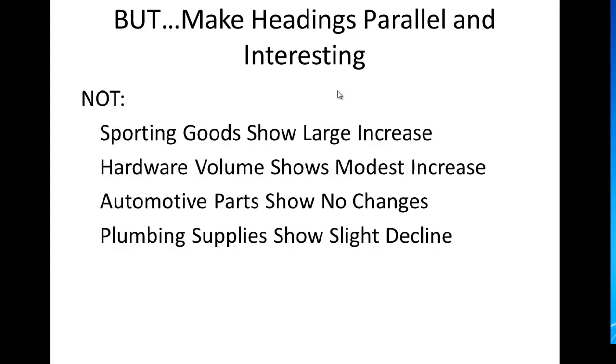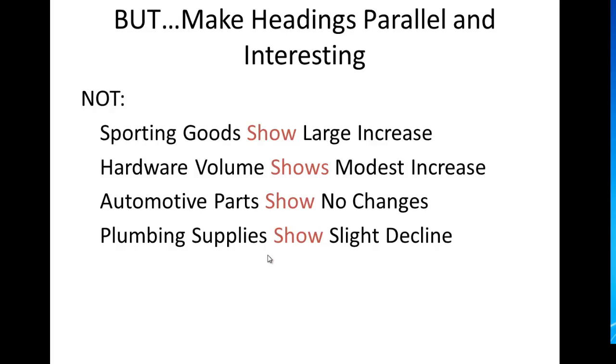Now we not only want to make headings parallel, we want to make them interesting. Now these headings are all parallel: sporting goods show, hardware volume shows, automotive parts show, plumbing supplies show. But do you see that this word makes them not interesting? It's rather robotic or too mechanical.